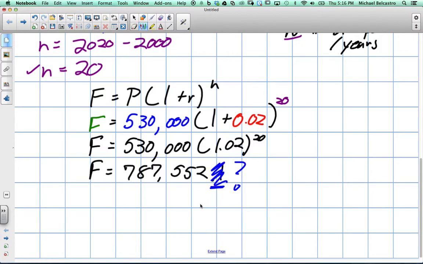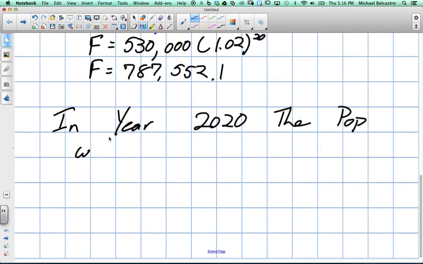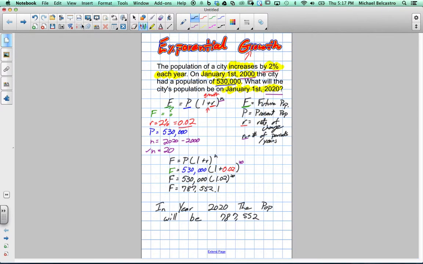So this would be our value, the population in year 2020. This is a nice, easy way with that formula. So 787,552 people will be in that town in the year 2020.